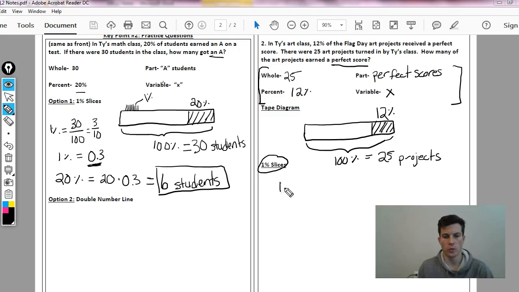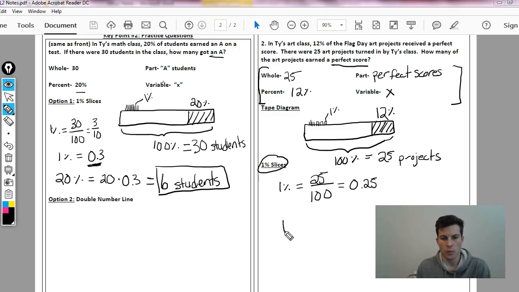Okay, so your 1% slice, we'd say this is equal to the entire tape diagram. Remember, we're cutting this into 100 little tiny parts where each part is equal to 1%. So we can take the 25 projects and divide by 100. What does that give us? Well, that would be 0 and 25 hundredths.